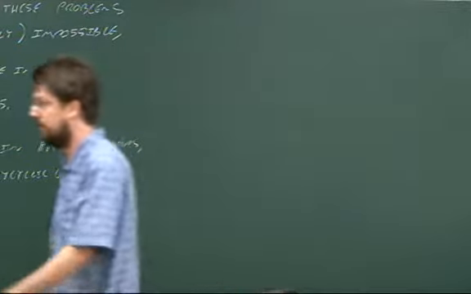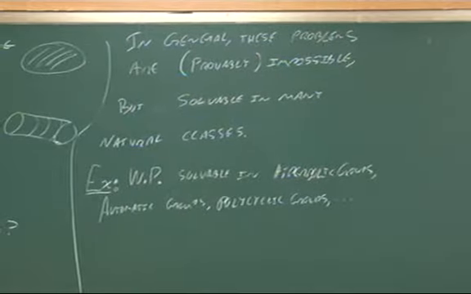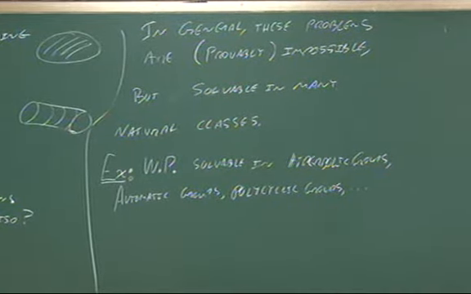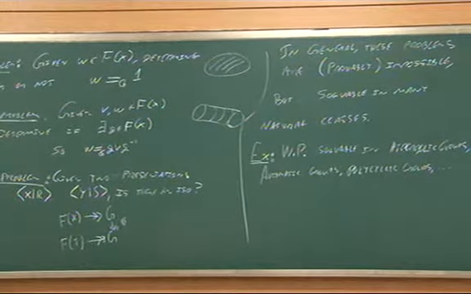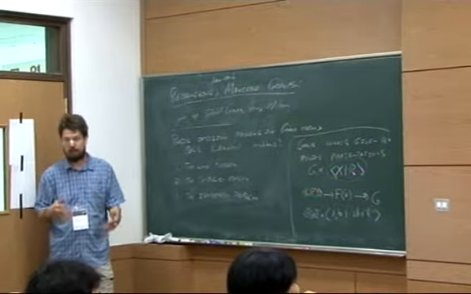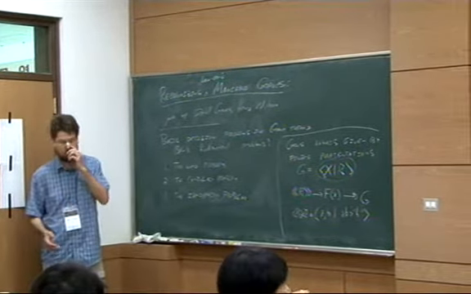Solvable means there is an algorithm, not that we can find the algorithm. That's correct, and that's a subtle point that I'm going to completely gloss over. But for hyperbolic groups and automatic groups, we can actually find the algorithm, and for polycyclic groups I think that's also true.